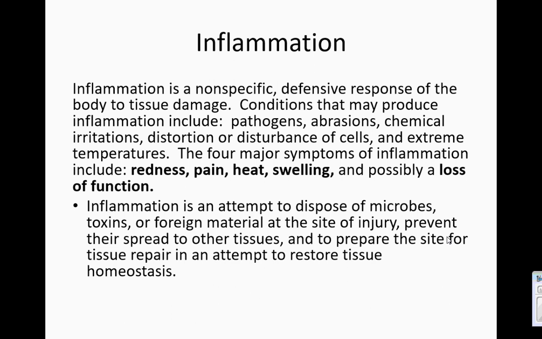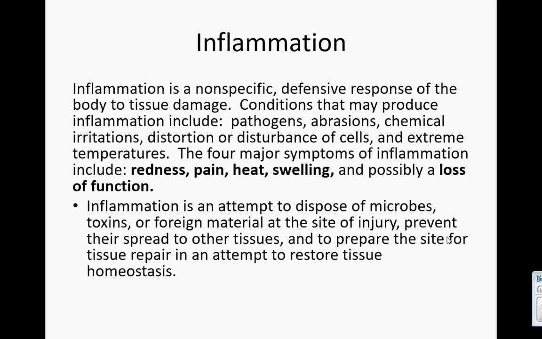And it's non-specific, which meant that it didn't have a memory. We respond the same way with inflammation to a cut as we do to a burn, as we do to a broken bone, to a pathogen invasion. It's very, very different what's hurting us in those cases, but our body with inflammation responds the same way.